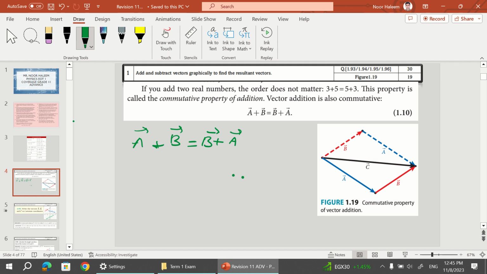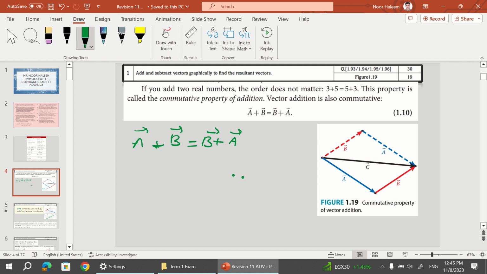This operation for two vectors is called addition of vectors, and addition of vectors is commutative. Commutative means the order may be different, but the result will remain the same. It's not only applicable for two. If we have more than two forces or vectors, do the same thing, you will get the same result.